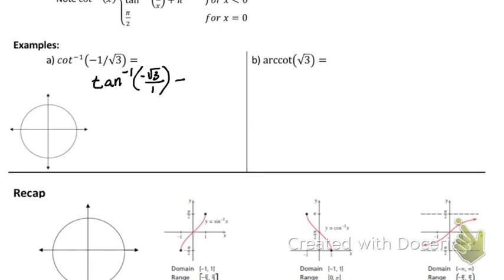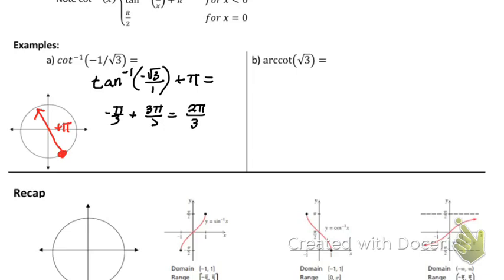So it's going to be negative pi over 3 plus pi. Well, let's change pi to being 3 pi over 3, which is going to equal 2 pi over 3. So basically what happened is we used tan inverse to find out that our point was down here, and we had to add pi to shoot it back up there. That's why we add pi, to put it in the quadrant that it could originally be in.